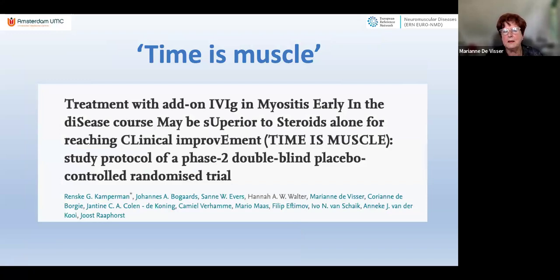Our group, and Joost Raphorst is the PI, started another trial a couple of years ago in which patients with myositis, so dermatomyositis, IMNM, and anti-synthetase syndrome, but also overlap myositis patients, were treated with IVIG in addition to steroids.